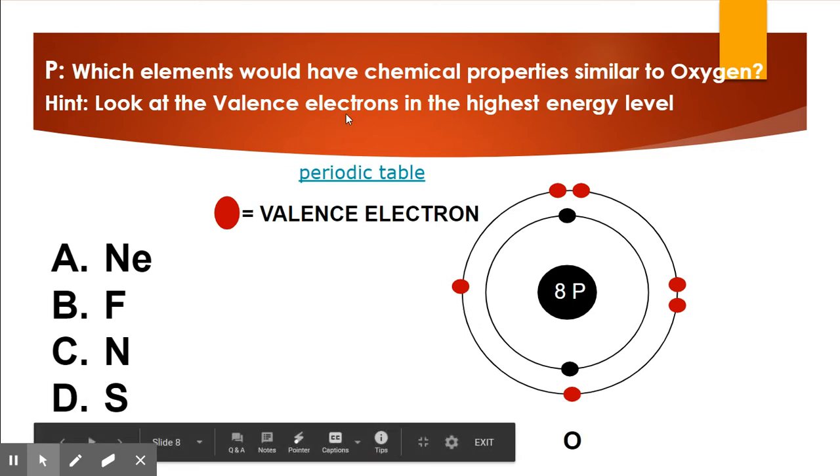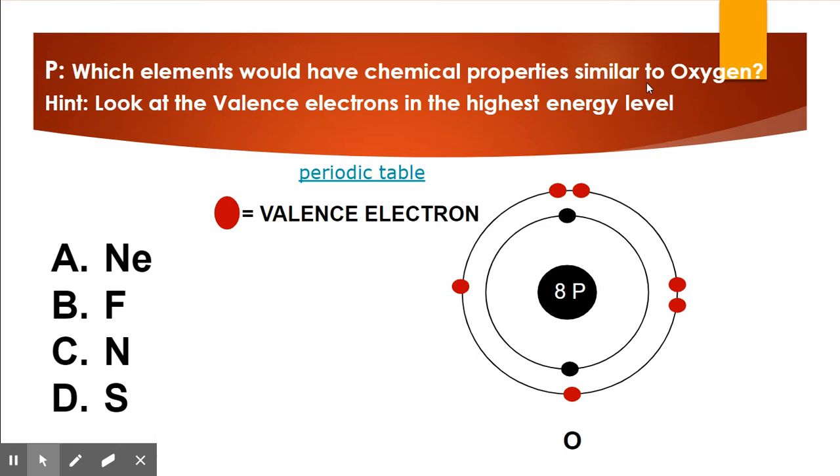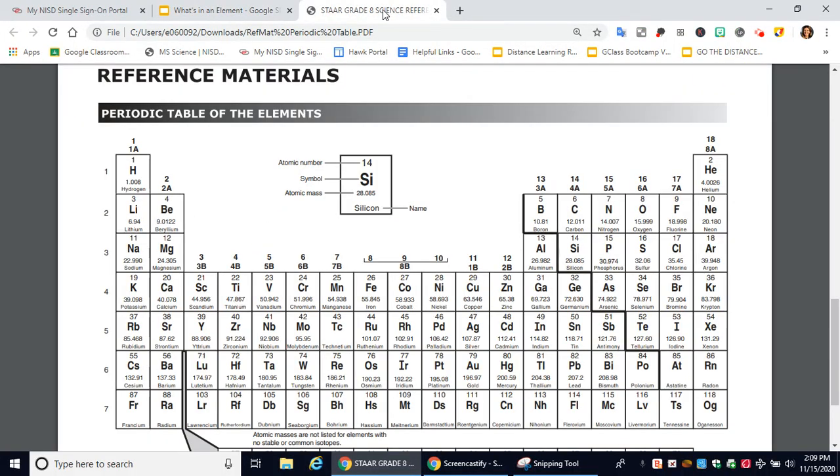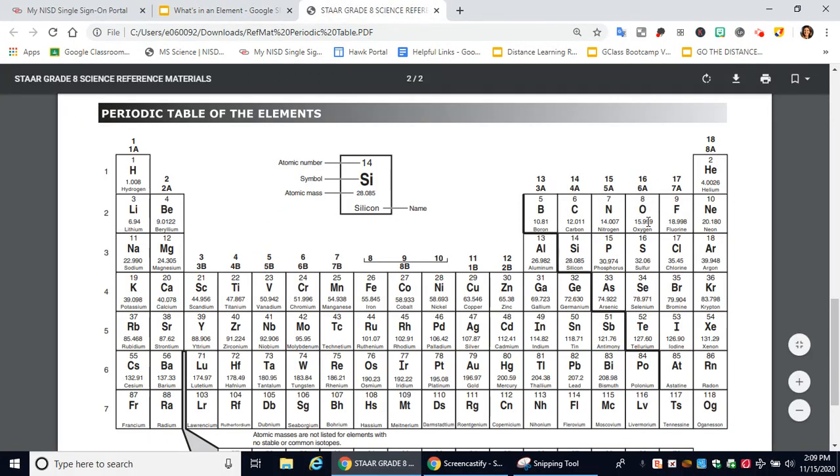So if we want to find an atom that has similar chemical properties to oxygen, we'd have to go to the periodic table and understand what group number oxygen is in. So oxygen is in group 16 with 6 valence electrons. Remember, it only needed 2 more. So what other elements have similar chemical properties? Those are going to be the elements in the same group as oxygen because they're all going to behave similarly.